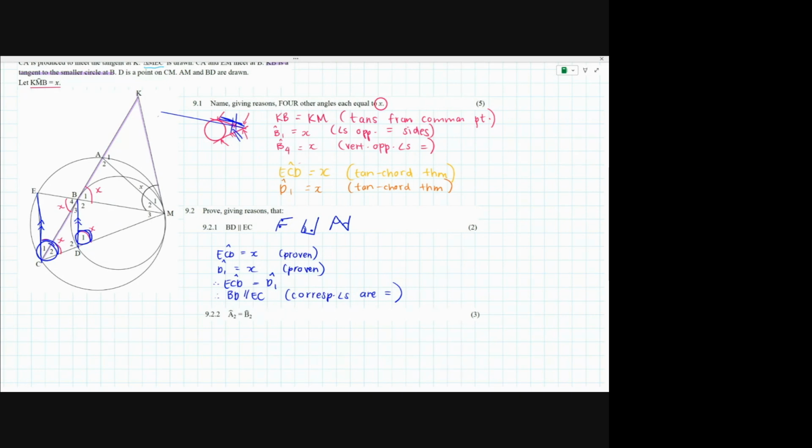So guys, if you can sort of put it all together, that's absolutely fine. So what Lorato's saying is, why did I do all of this when I could just say ECD is equal to D1 is equal to X, because I've proven that they're both equal to X. That's fine. And then you go straight to your conclusion. It's more for purposes of our learning, but that's absolutely fine. No problem whatsoever.